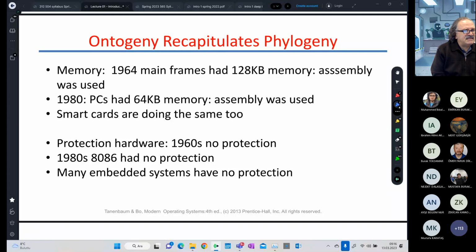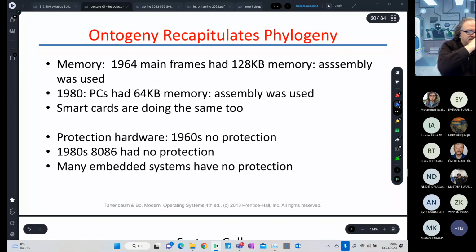In the 1960s, we didn't have any protection hardware at the beginning. In the 1980s, this popular CPU had no protection. That's why we didn't have many operating systems that could run more than one process on this processor.